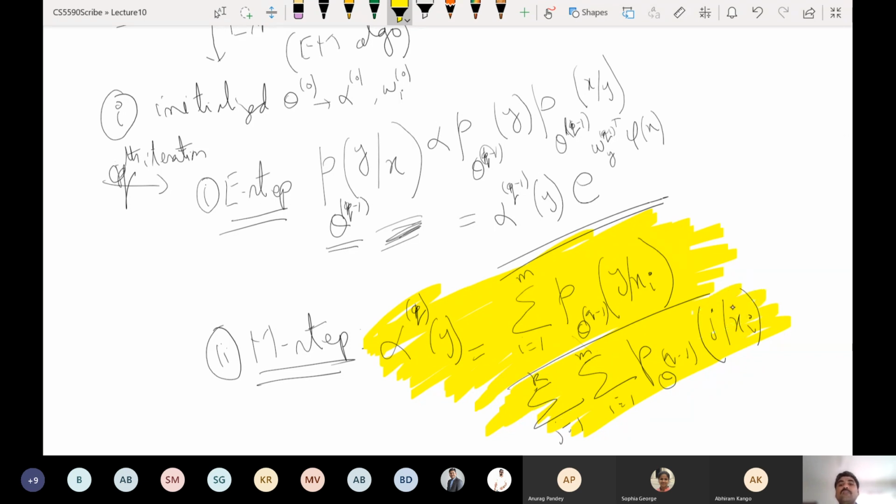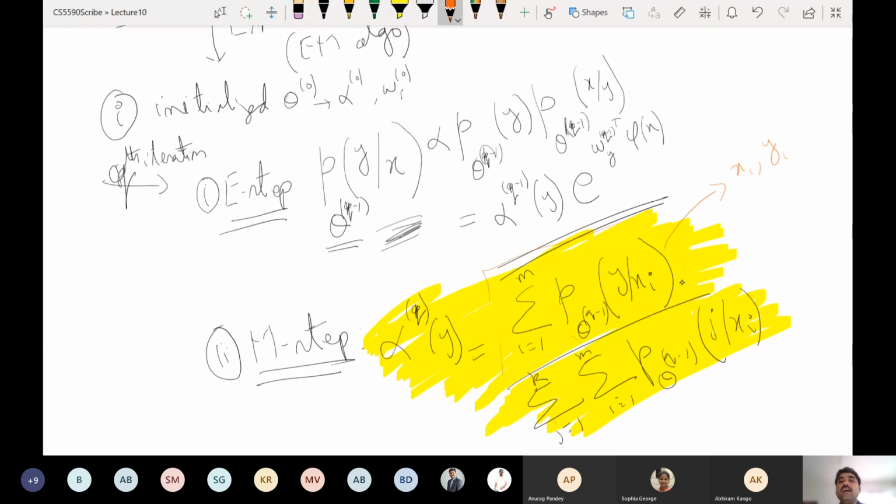In a supervised setting, you will have hard values for this. You will have something like xi, yi. That means the probability of yi is 1 and every other y is 0. That's like hard clustering. That's what supervised learning data would look like. It would assign xi to a particular cluster yi. Now this is soft. The only difference is it's soft.